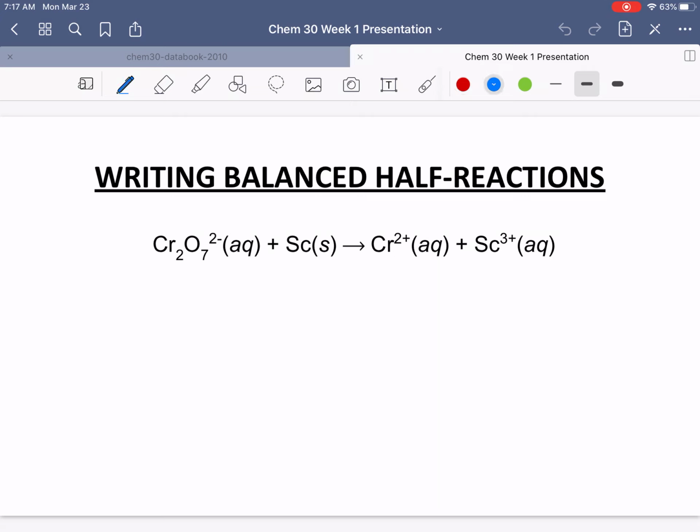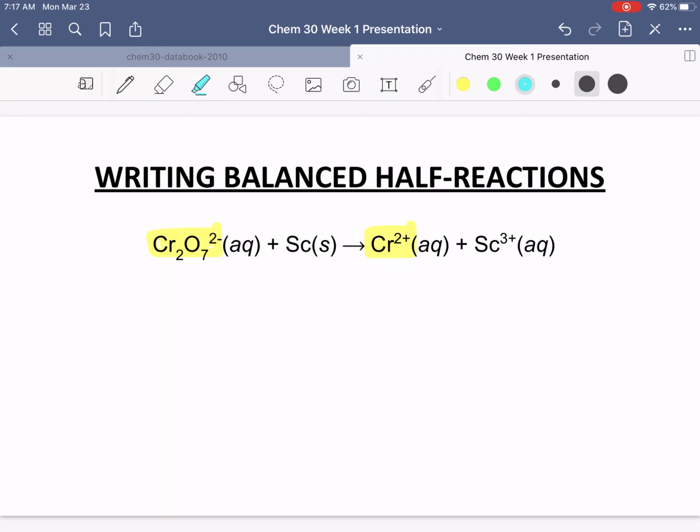The very first step is you have to divide the equation into two half reactions. So here's what's different. This is already in some sort of a reaction. It's definitely not balanced yet by any means. So that's going to be the key start. When you do this, look at the entities present and recognize that if this one has chromium, I'm going to have to include this other chromium in the same half reaction.